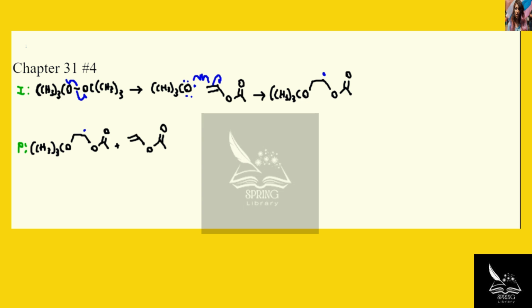Just as the initiator did in the first step, this radical will come together with one of the electrons from that double bond to make a new bond, and the other electron will revert. Of course, you need to draw the fishhook arrow. The fishhook arrow with only one half of the arrowhead is the right way to draw this. So the other electron will revert to that carbon.